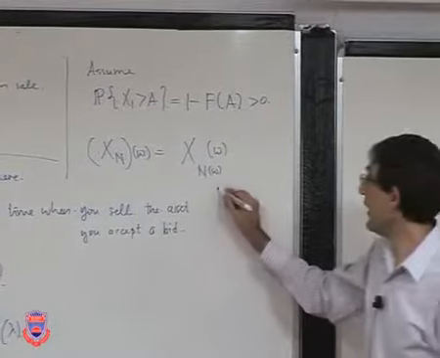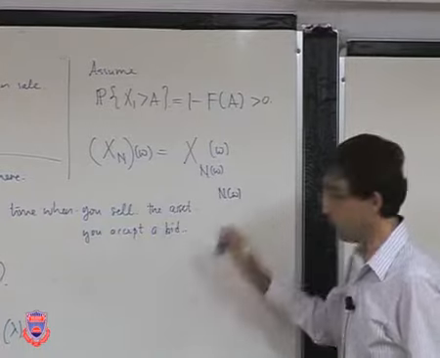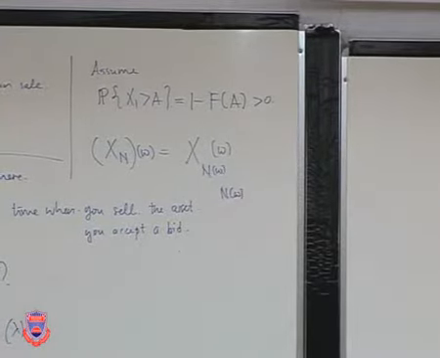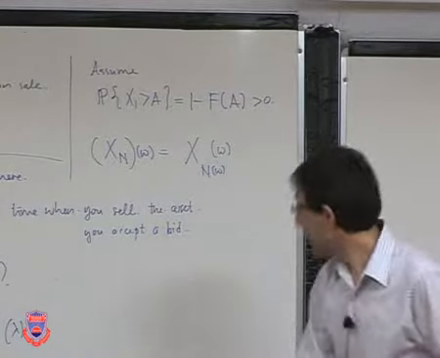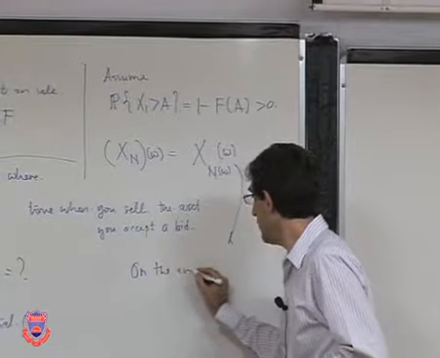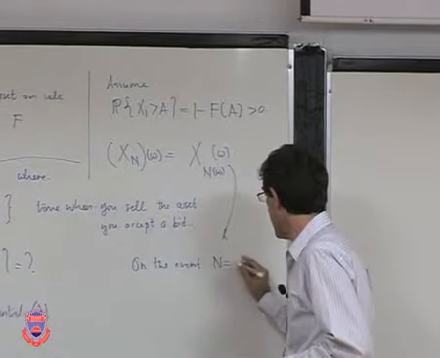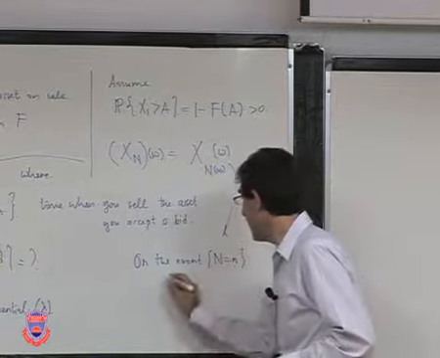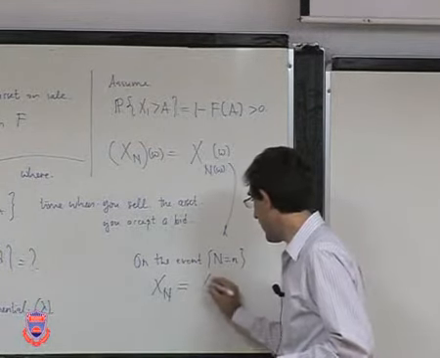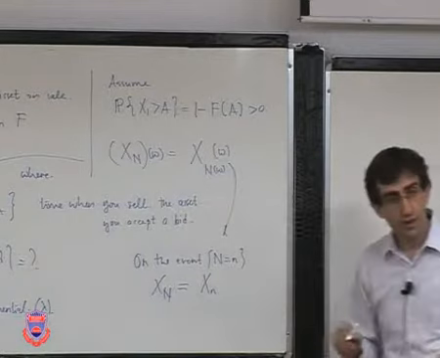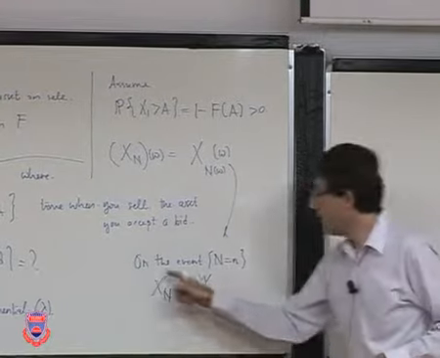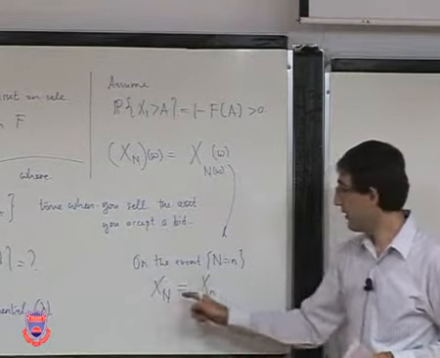So let me write it like this: on the event capital N equals small n, X capital N equals X_n.